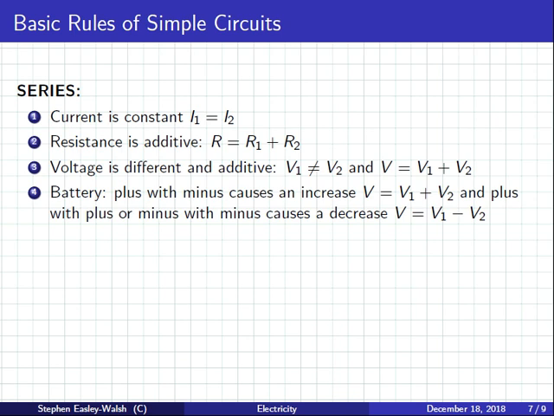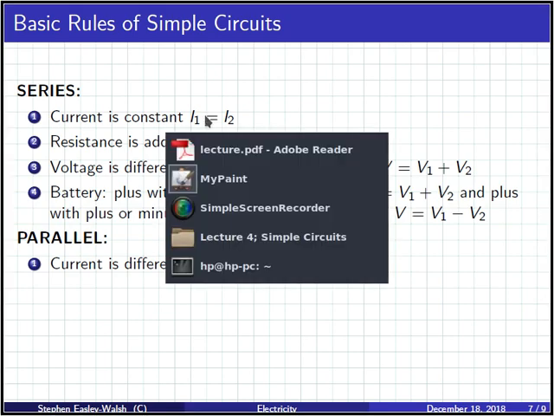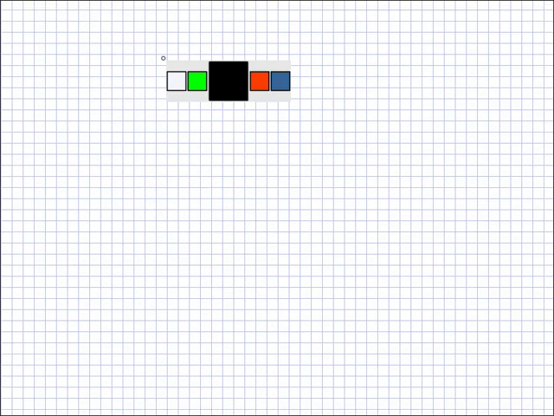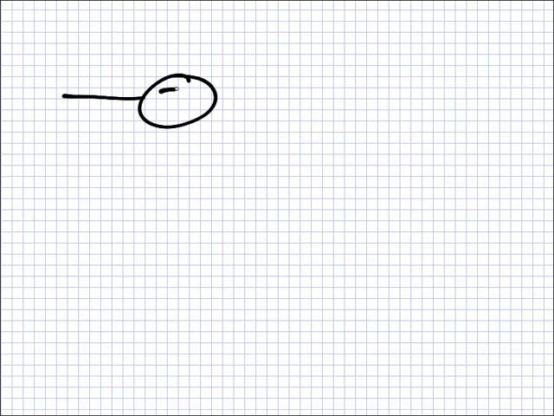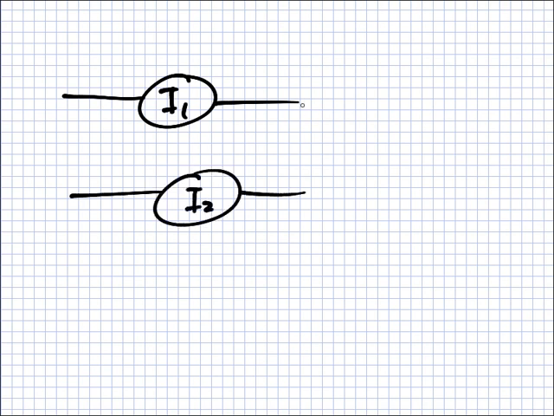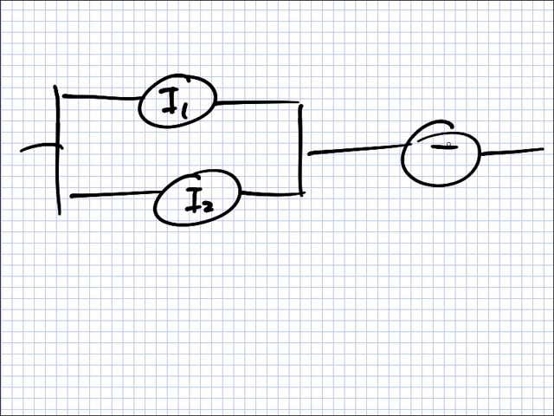All right. Now let's have a look at components in parallel. Maybe you know some of these rules. If they're in parallel, the current is different and it adds. If you have a current here, I1, a current here, I2, and you measure the current here, I, this current will equal this plus this. They add.